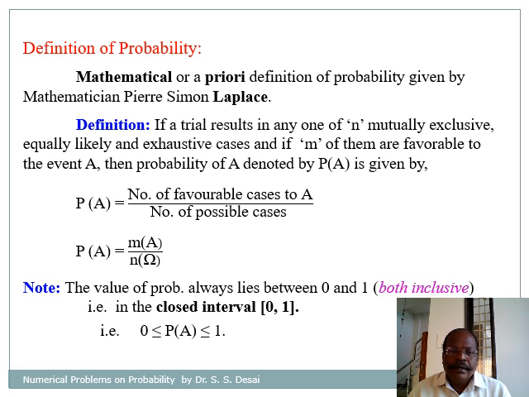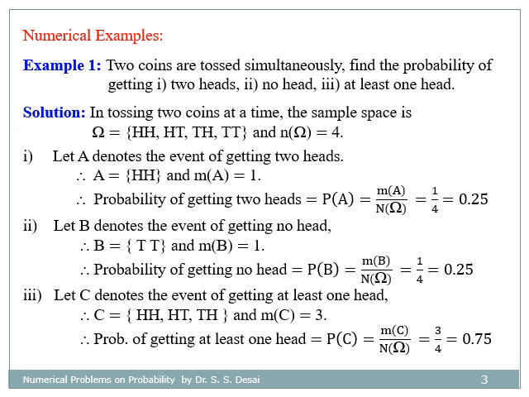Note that the value of probability lies between 0 and 1, both inclusive, that is, in the closed interval [0, 1]. Today let us see some numerical examples based on the definition of probability.